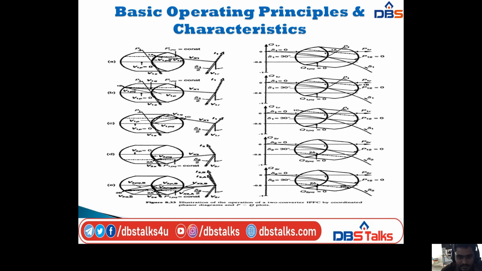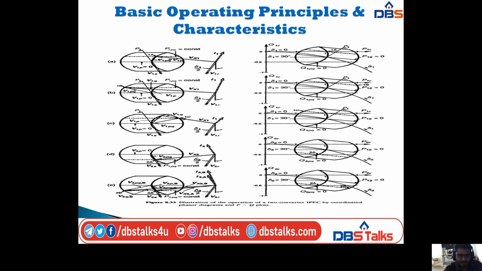On the left side we have the phasor diagrams and on the right side we have the characteristic diagram of those values. I will explain these by using 3 operating points.